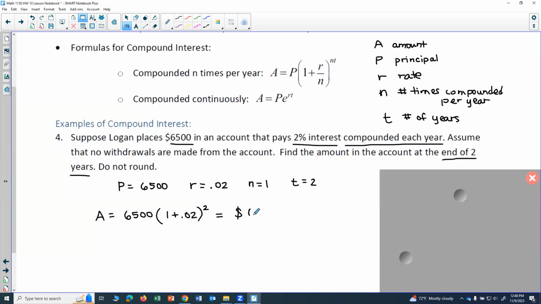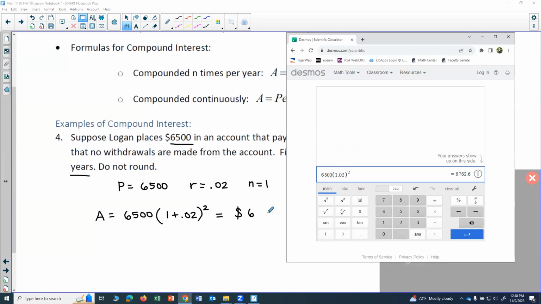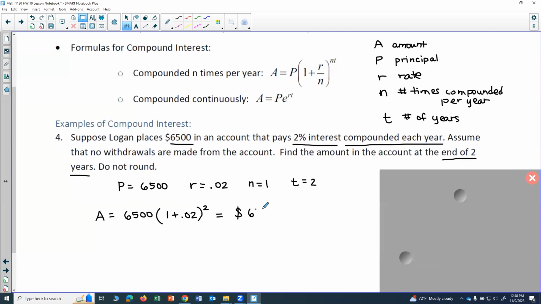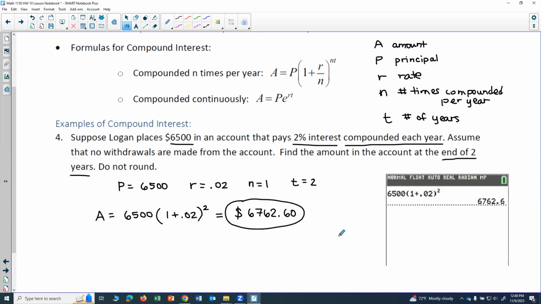And this is dollars, so 6,762.60. So that would be after 2 years if he did no more investments and no more withdrawals in that account.